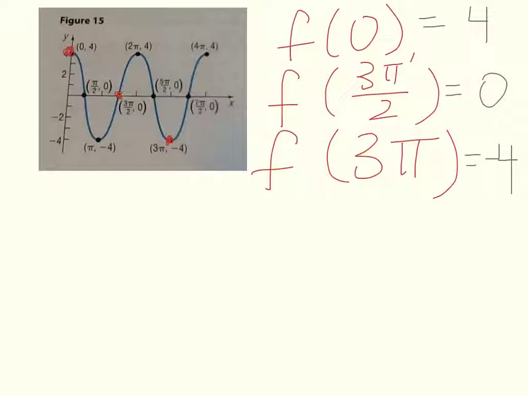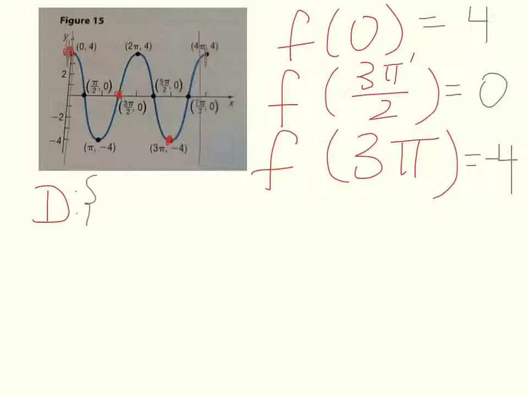So let's start by finding out what our domain is. Since these 2 points at the end are solid points, and there's no arrow going past it, it means that from here to here is the domain.